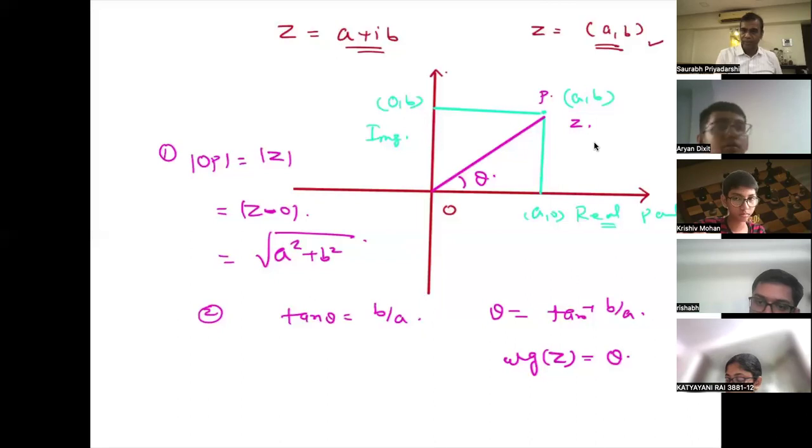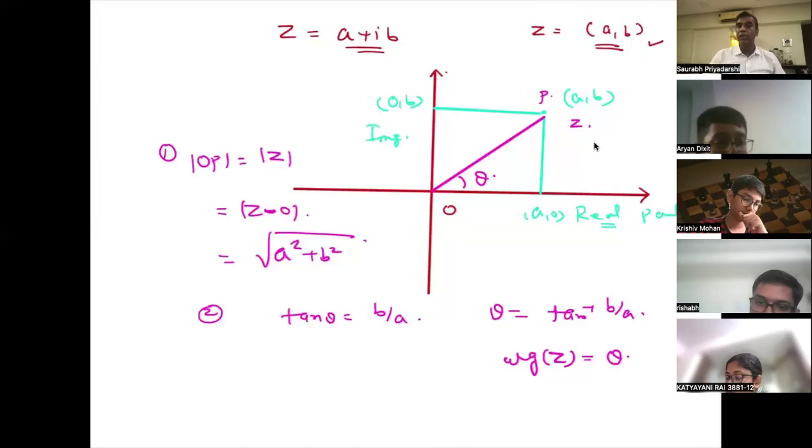Basically, argument means the angle. We always take the angle with the positive direction of the x-axis in the anti-clockwise direction. That's called the angle theta. That's denoted by arg z, right?